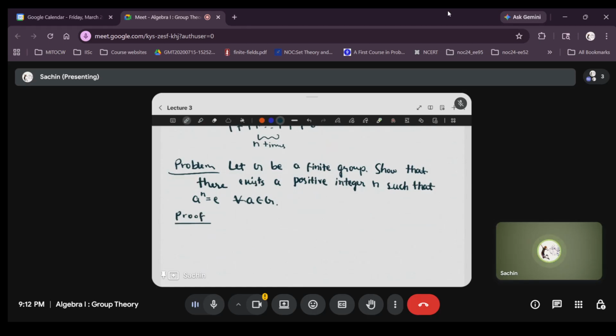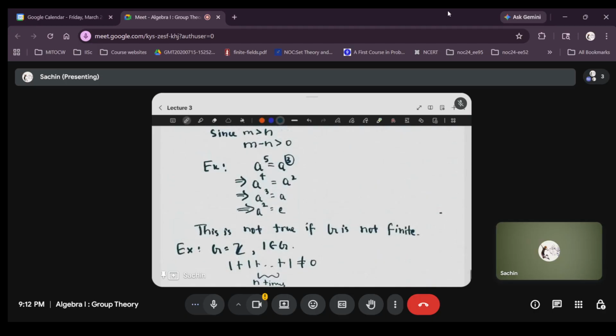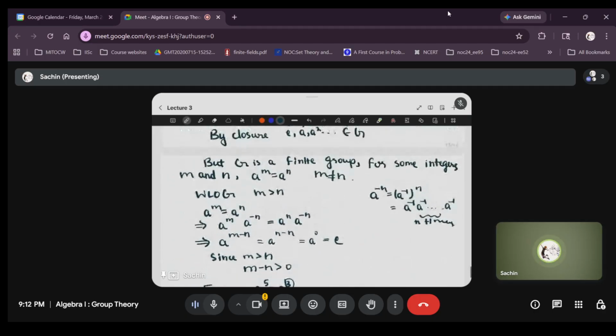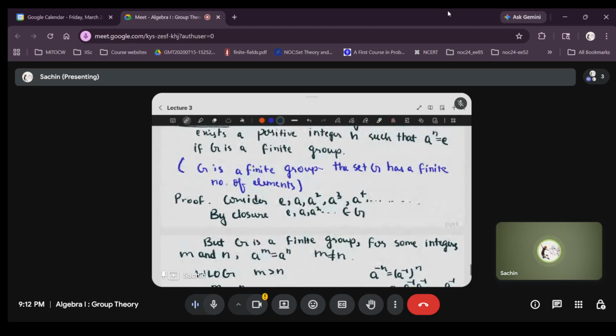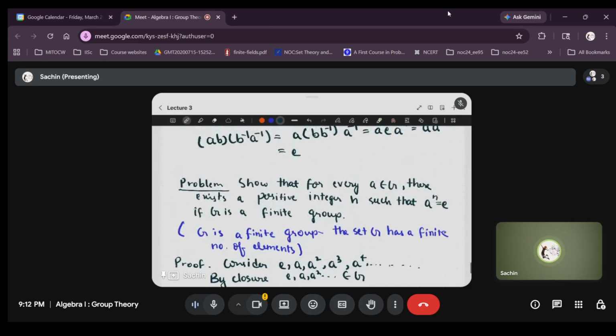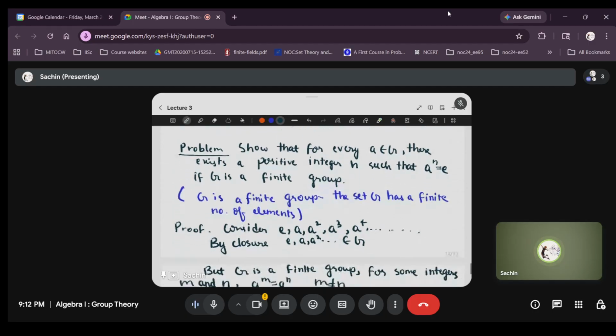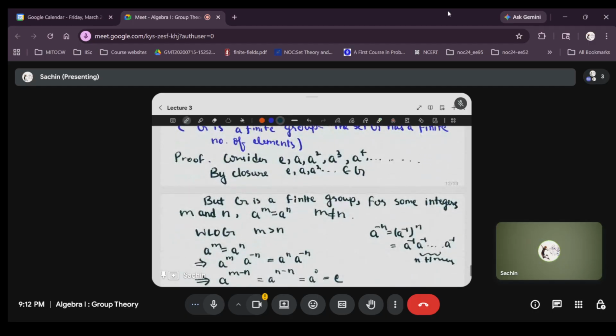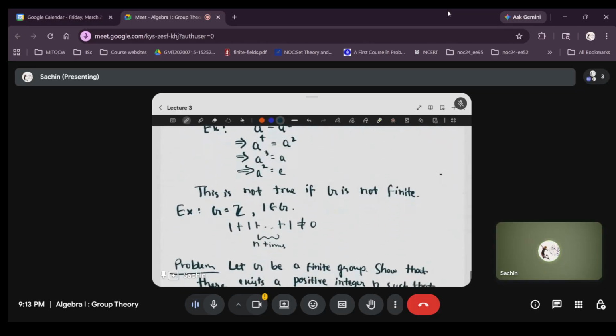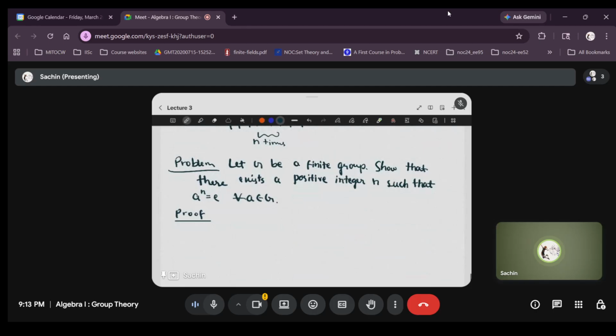So in the earlier problem, we said that first you pick an element a, and regardless of what element you picked, there will be some number n such that a power n is equal to e. But if you pick a different element, there might be a different number such that b power m is equal to e. Here, what we are saying is there is at least one number such that if you raise any element to that power, it will be equal to the identity.